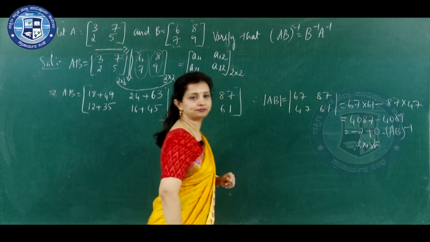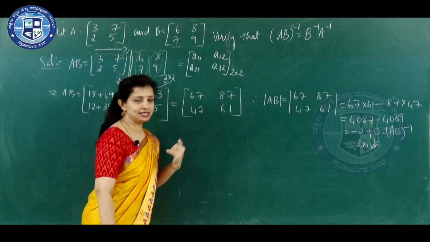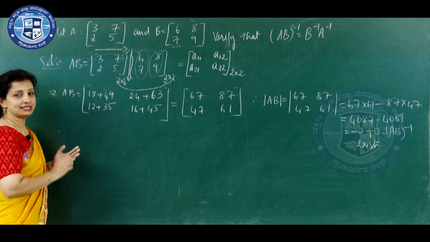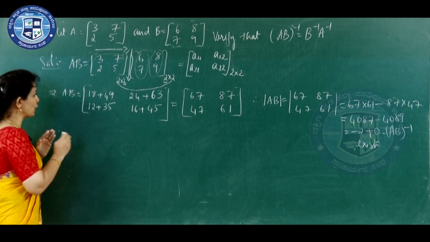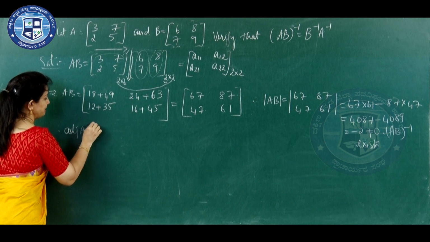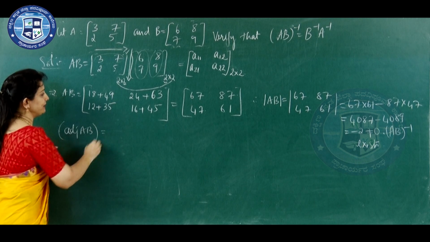If the inverse exists, it is possible to find. Therefore, the next step is to find adjoint AB. What is adjoint AB?